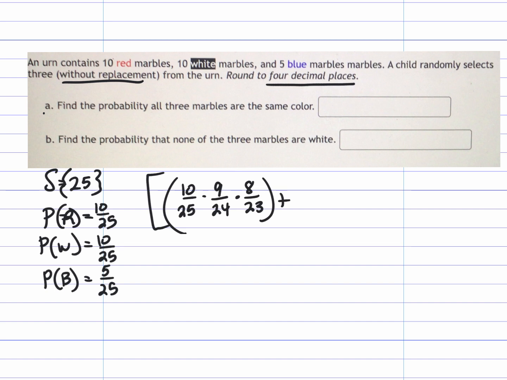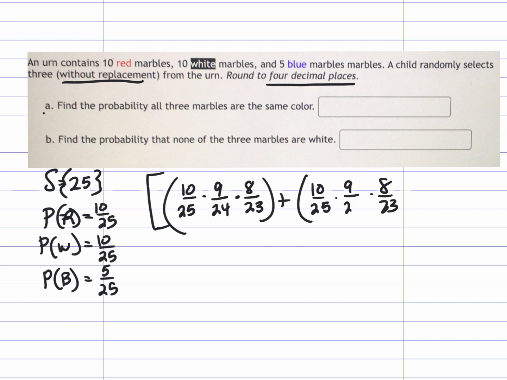Now, since we don't know which color it's wanting, we have to add this probability to the probability of getting all white, and then lastly, the probability of getting all blue. So a little bit of work to do here. We've got the same thing for white, since it actually had the same number as red.